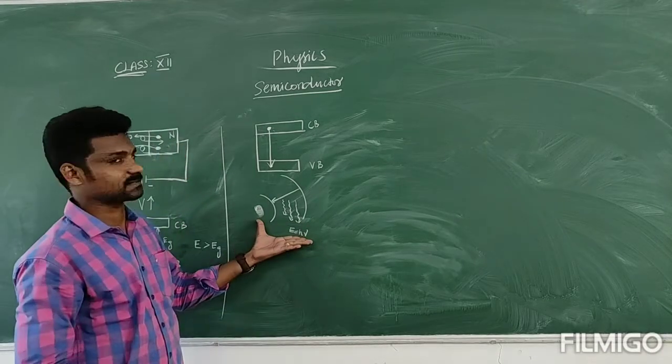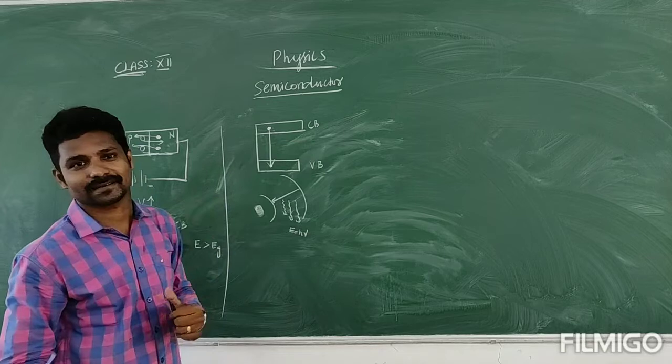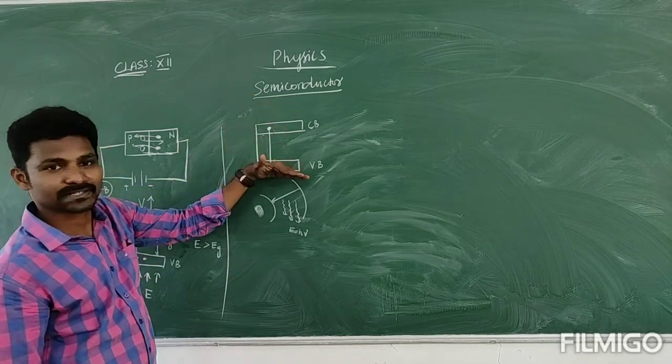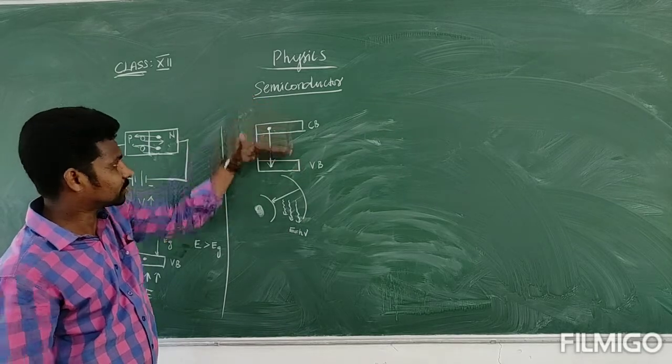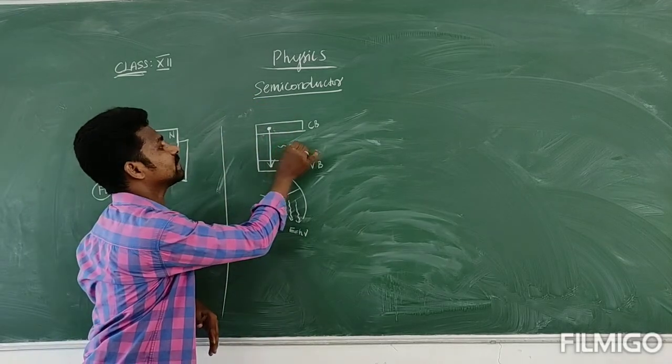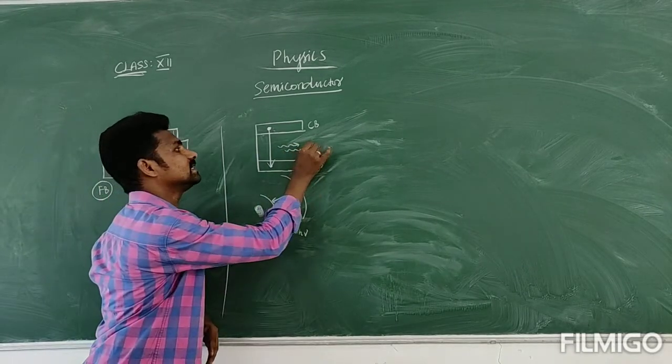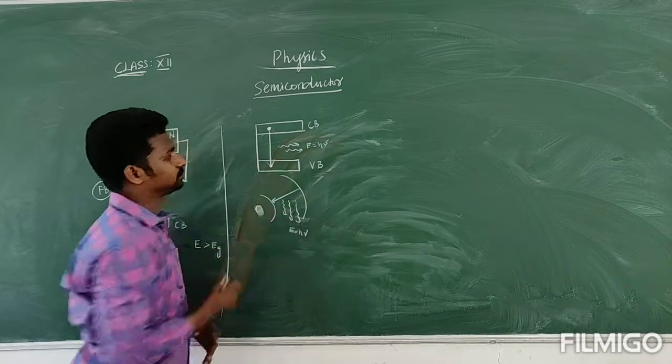You remember this concept. The same thing happens here. The conduction band is the higher energy level, the valence band is the lower energy level. When the electron jumps from here to here, it will emit some energy as radiation, that is E = hν.